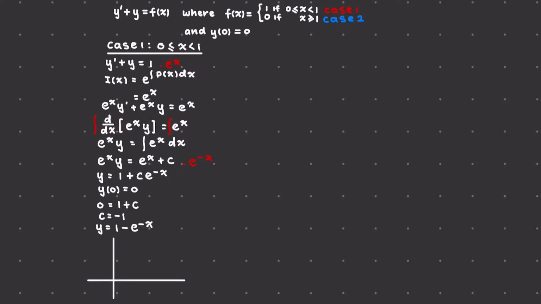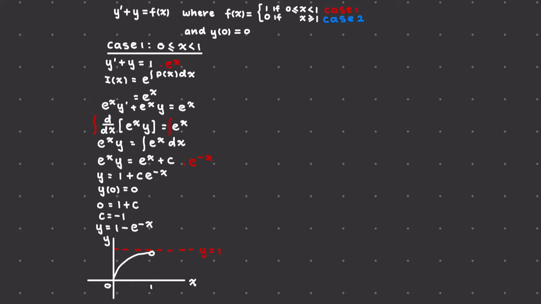So the domain will go from 0 until 1 here. This is the x-axis and this is the y-axis, and the graph will look somehow like this, and it is asymptotic at y equals 1 here.